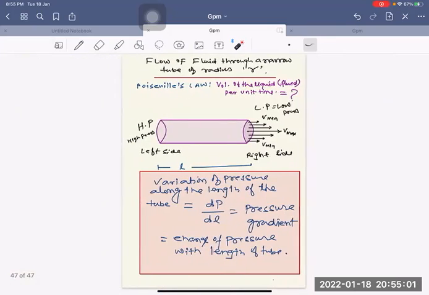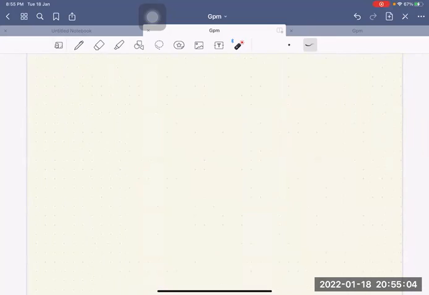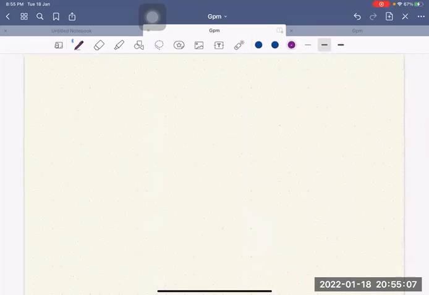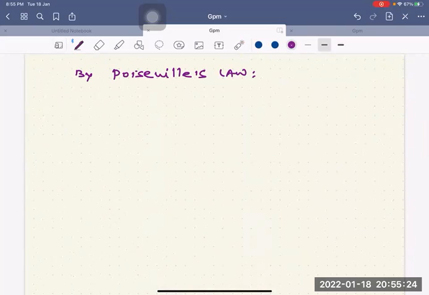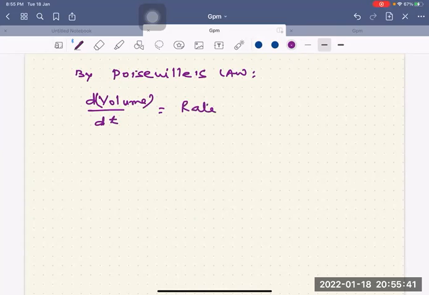तो according to the Poiseuille's law, the dV upon dt. यहाँ पे पूरा वॉल्यूम V नहीं लिखा, वॉल्यूम लिख दिया. इसको पूरा लिख लेते हैं. dV upon dt means rate of volume flow.